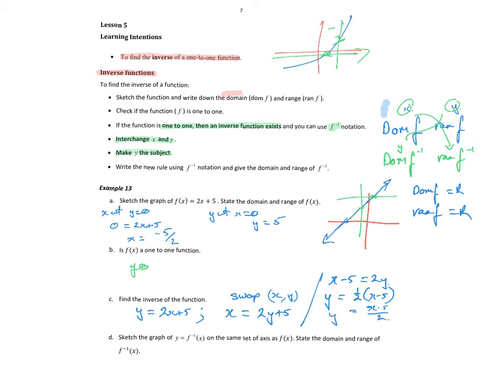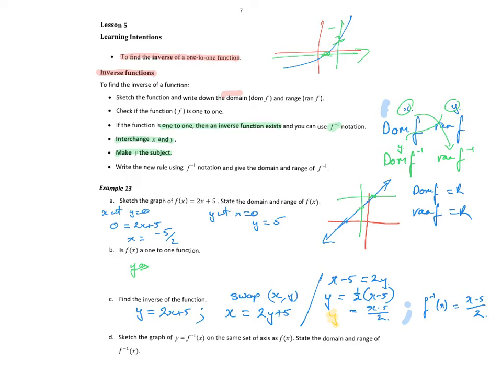Now, instead of writing y equals, when you look at the function there's no y in it, so I have to write it as f inverse. The inverse function of x is equal to x minus 5 on 2.